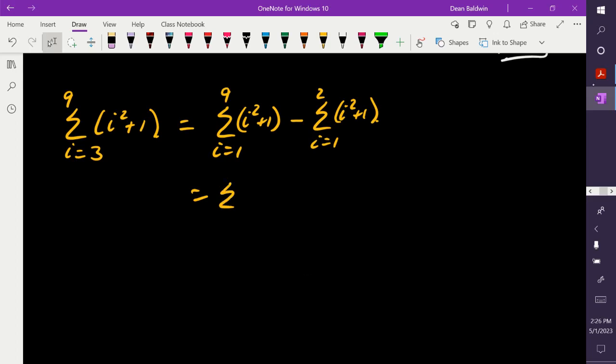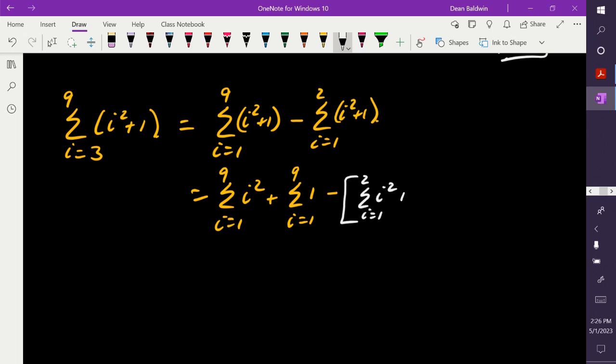So we separate it into sigma i equals 1 to 9 of i squared plus sigma i equals 1 to 9 of 1, minus, and whenever you are subtracting, please put brackets around it, sigma i equals 1 to 2 of i squared plus sigma i equals 1 to 2 of 1.